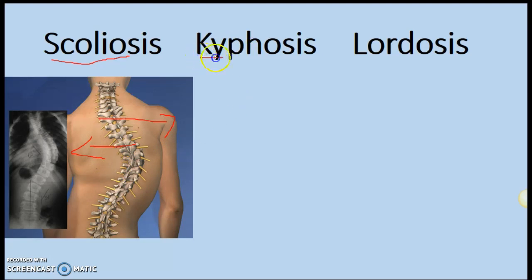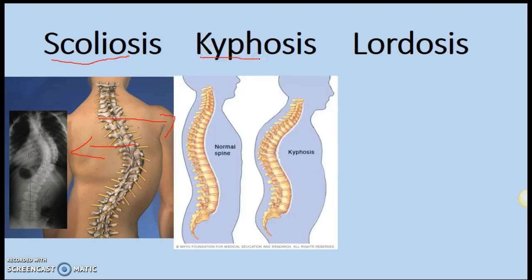Now kyphosis, kyph means like hump or hunch. So you guys might be more familiar with kyphosis as a hunchback. Now if you look, this is more an exaggerated curvature of these vertebrae, which should all have ribs. So a thoracic vertebrae curvature is kyphosis. You can call it hunchback if you want, but I'm going to call it an exaggerated thoracic curve.